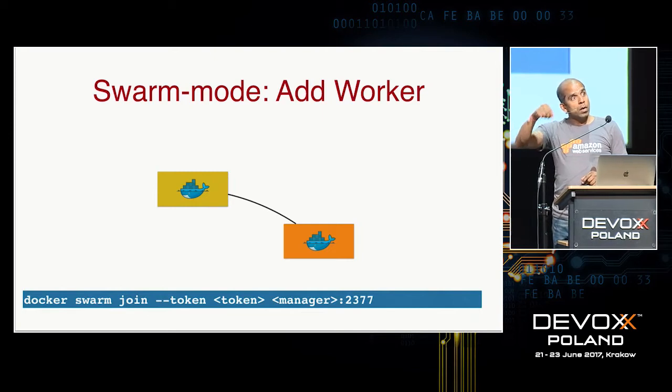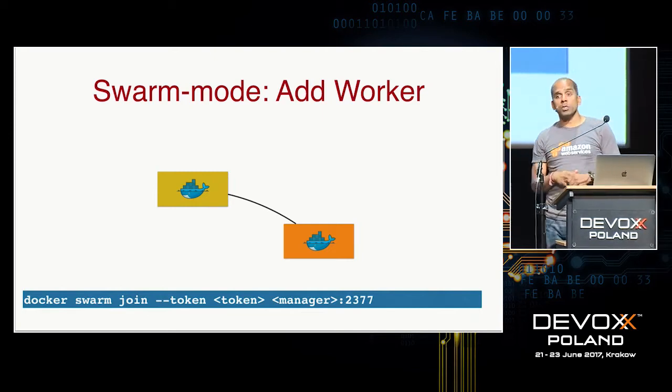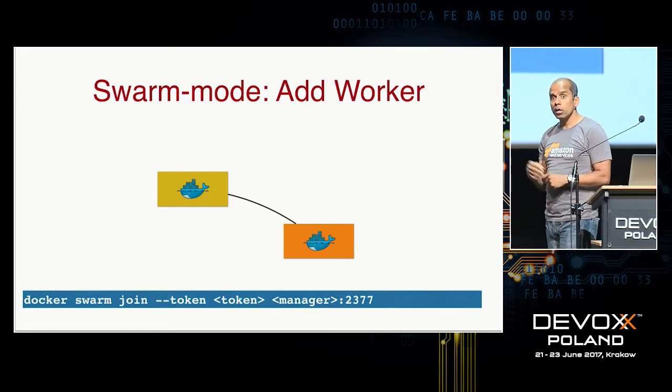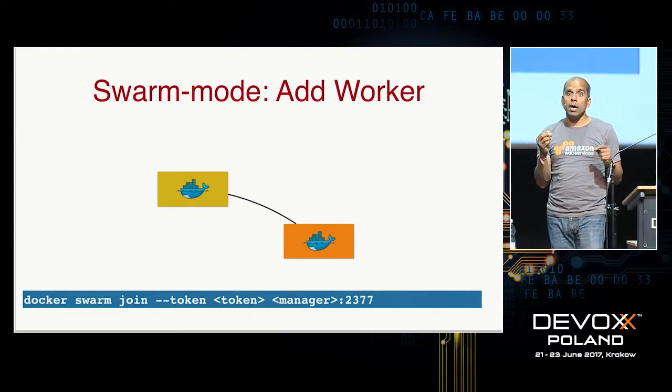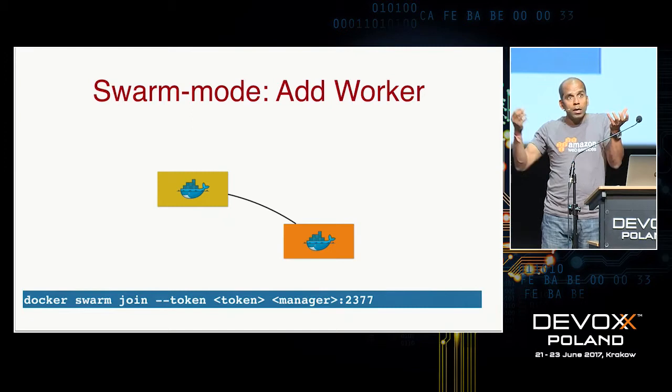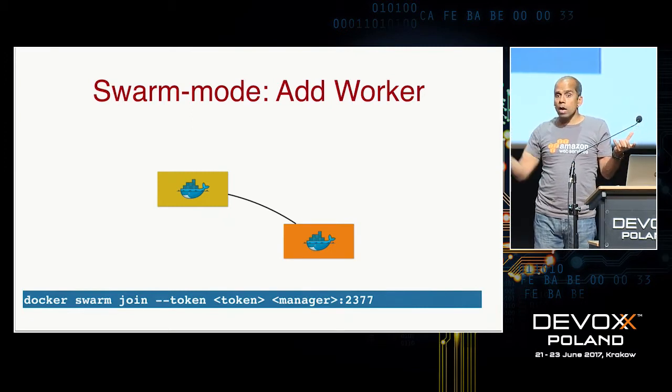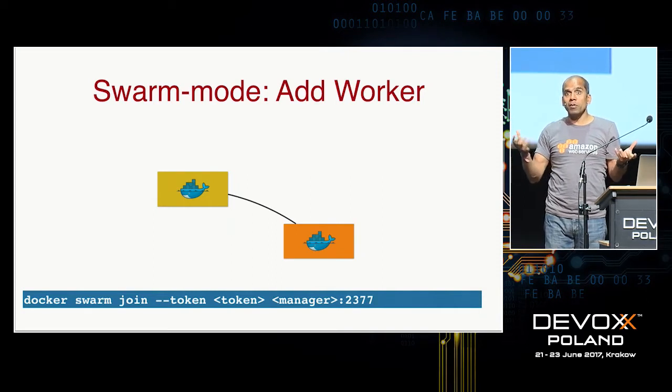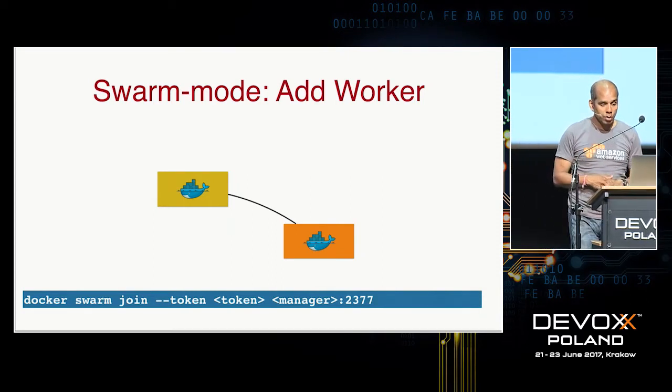Now, you could also run multiple VirtualBox VMs on your Mac, and then each of those could be configured as a Docker host. And then you can say, my first node is always a manager, but now I want to add a worker as well, because I want to create a multi-host cluster, essentially.